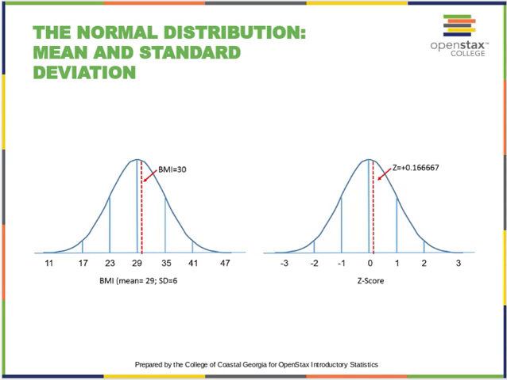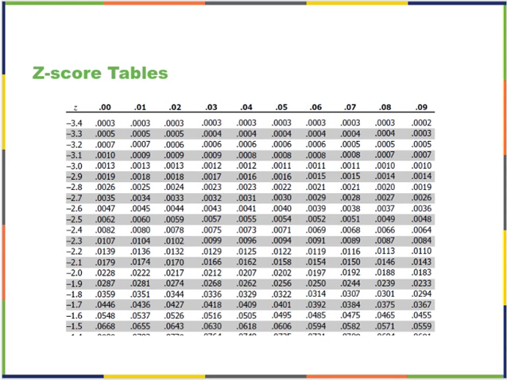Now, these z-scores, when we talk about the area under it, we know these z-scores. We find those in, fittingly, the z-table. This is just a little piece of it.